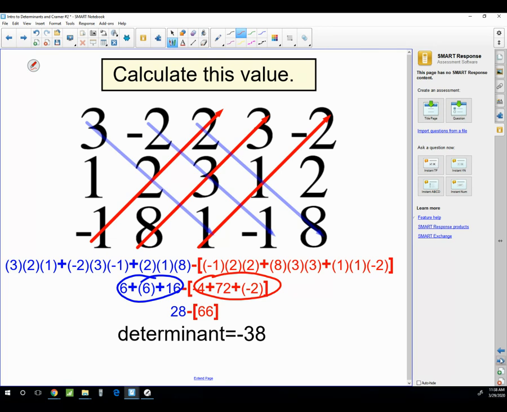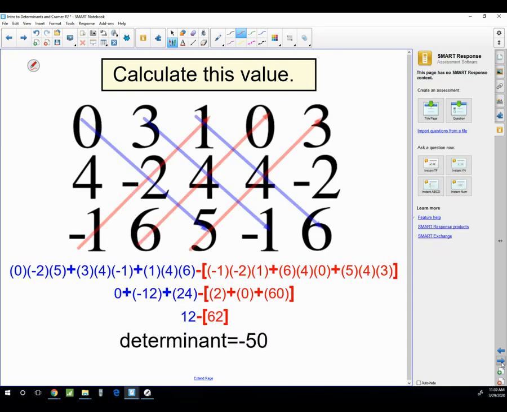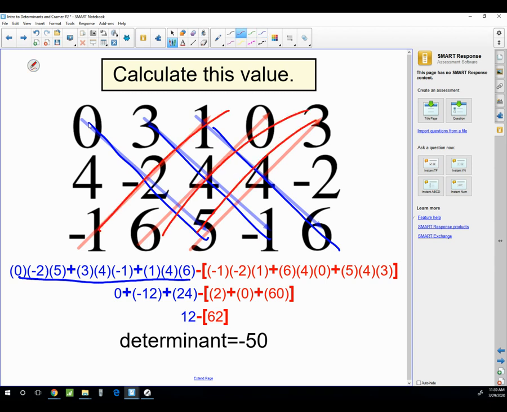Pause the video and see if you can come up with the determinant of that 3x3 matrix. That's what I came up with: you do these diagonals first, which is the sum of products, and then the red diagonal second, and you subtract those sums of products. Anyway, the answer is negative 50.